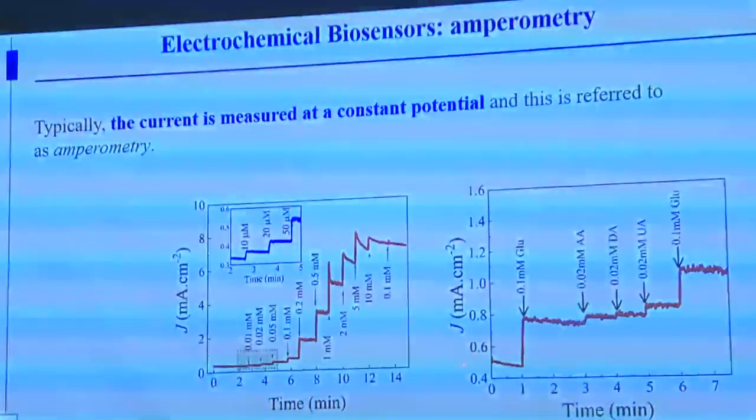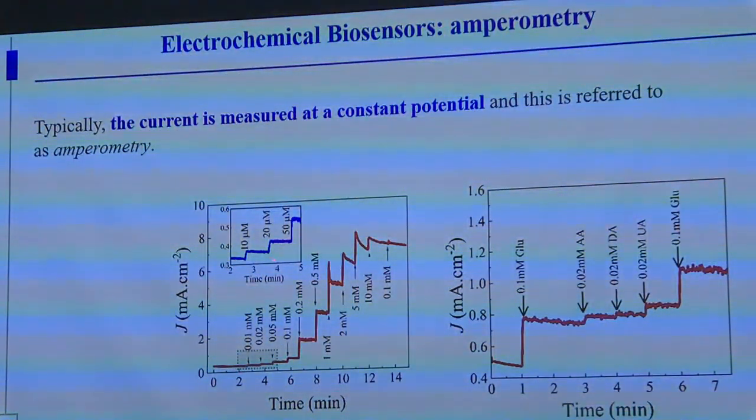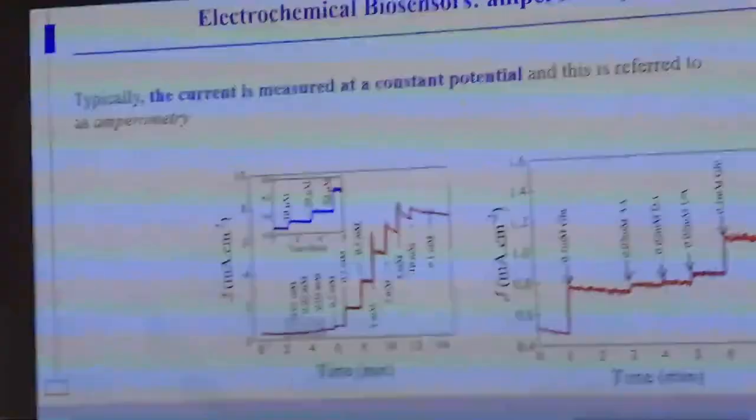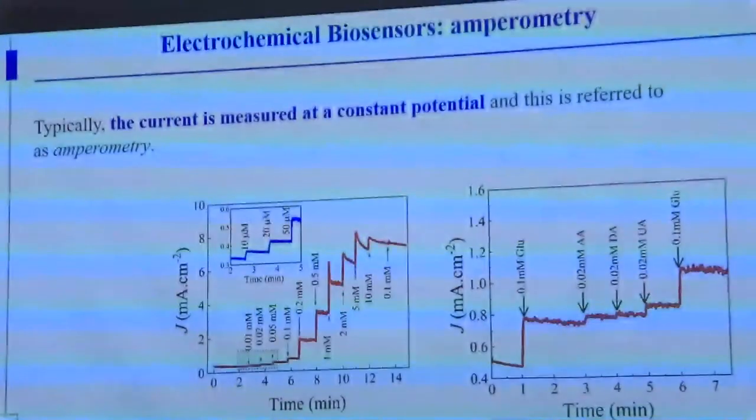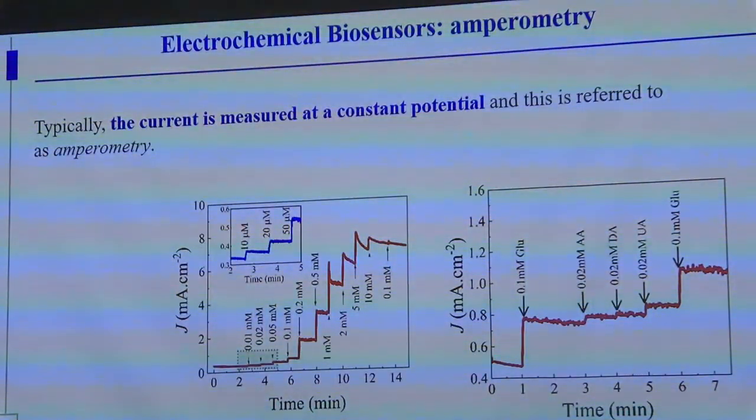For example here, that is the current, this is the time, and for this particular experiment the potential was 0.4 volt. At 0.4 volt we have this current, and when we inject glucose at any point, we see a change in the current. That's how we do an amperometry experiment.